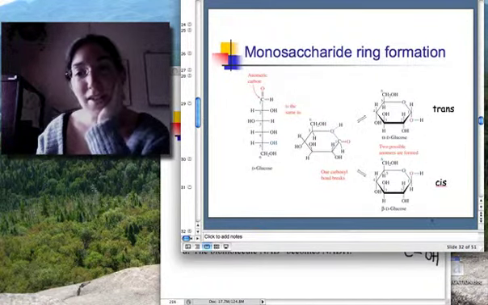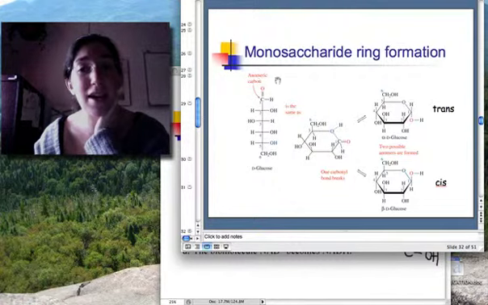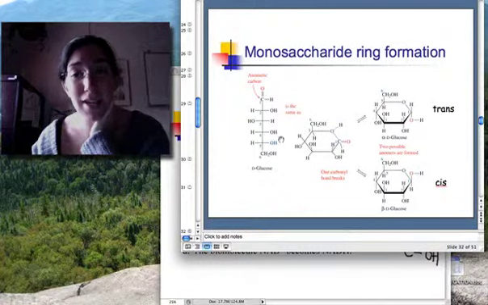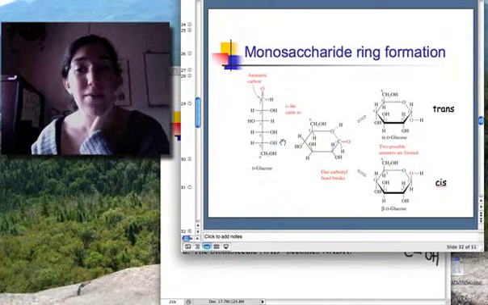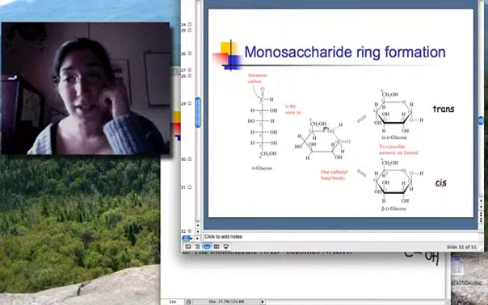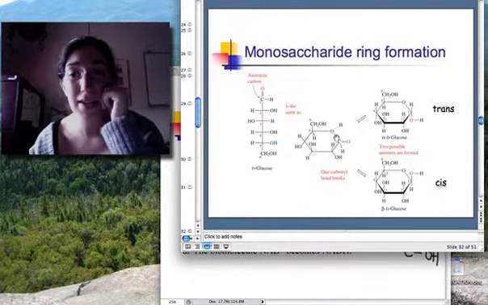So let's look at this. Okay, so this carbon here, carbon number 1 of the aldehyde group in this glucose molecule, is going to attack this alcohol here down on the 5th carbon. In this picture here is what we're looking at, okay? So the blue oxygen and hydrogen are labeled here, and the first carbon is right here, so they're forming a bond this way.